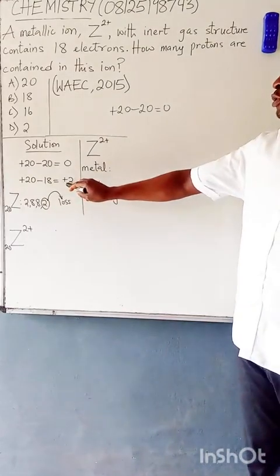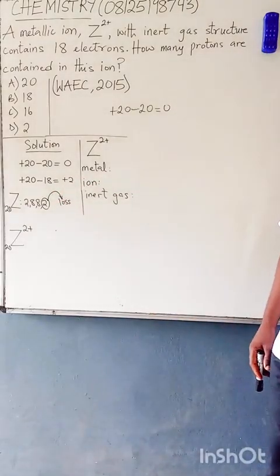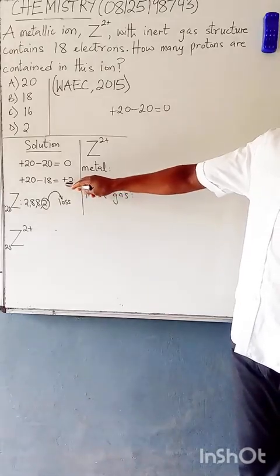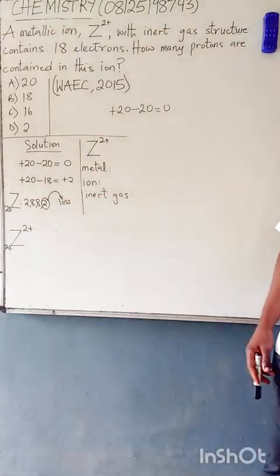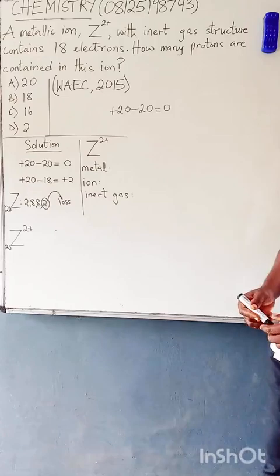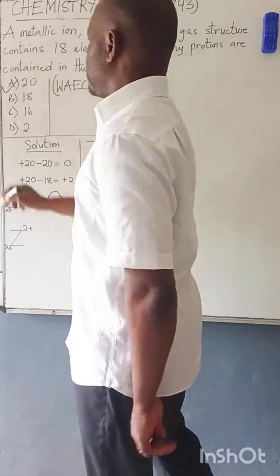The charge is plus 2. The electrons are 18. For it to have a plus 2 net charge and 18 electrons, it means it has 20 protons. Is that clear? So what's the correct option here? Option A is the correct option.